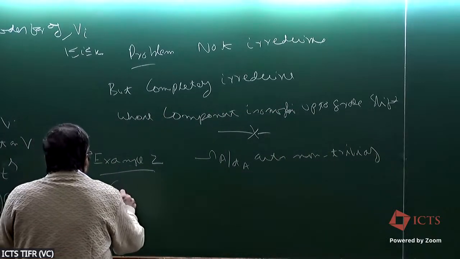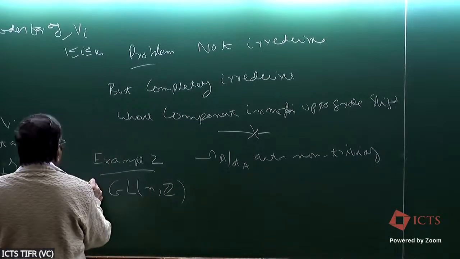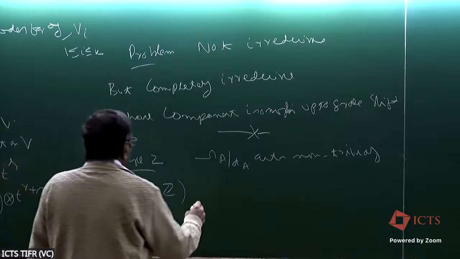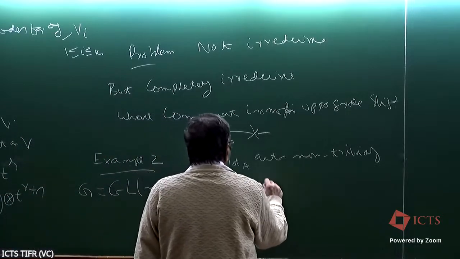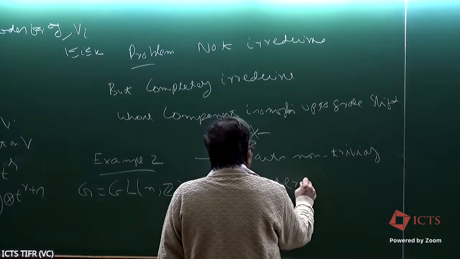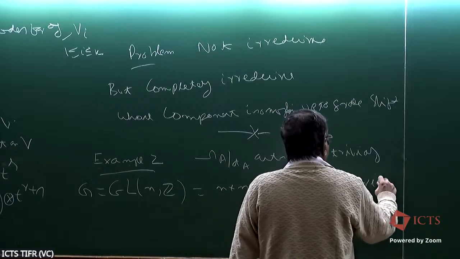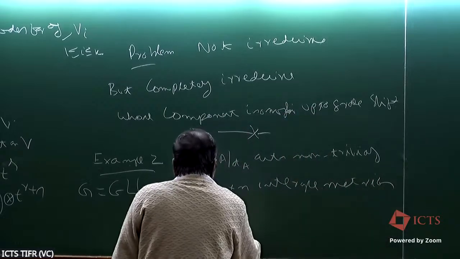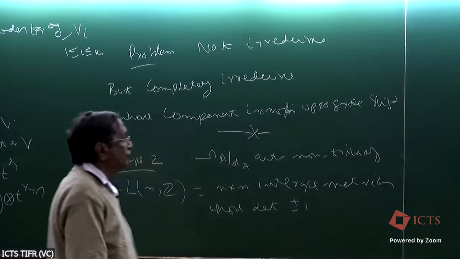You look at GL_n(Z). Let me call it simply G. These are n by n integral matrices whose determinant is plus or minus 1. It's a group.